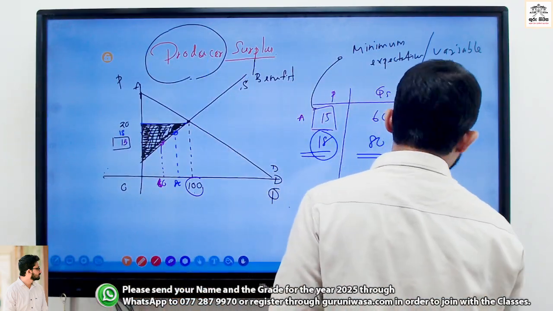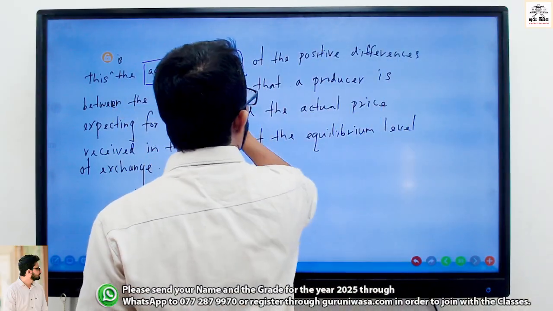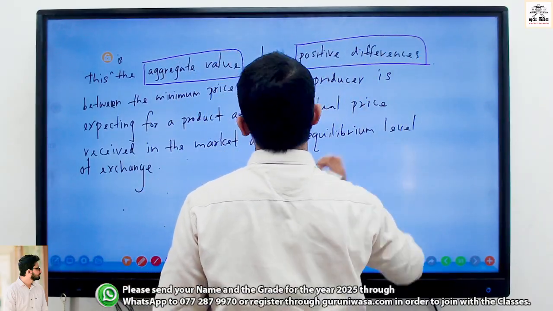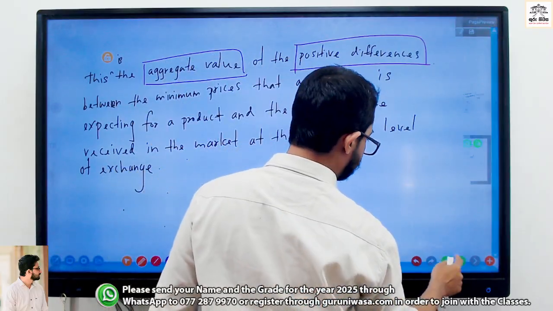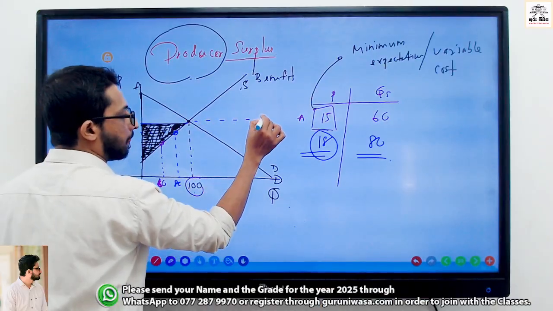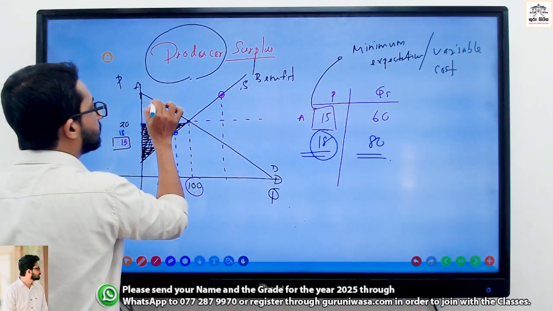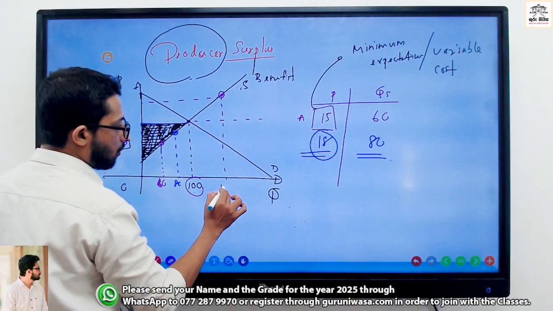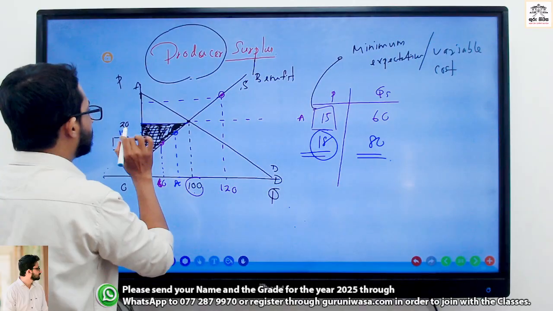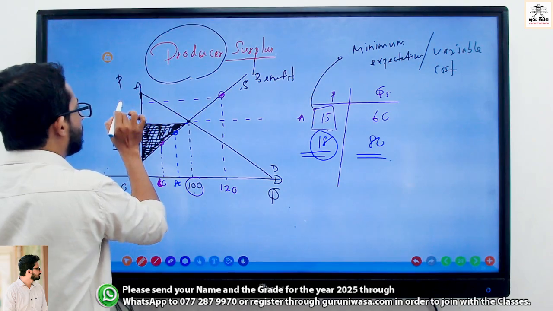Then what is the next one, Lamai? Aggregate value of the positive differences. We consider only positive differences. Example, look at this point. Assume quantity 120 and equilibrium price 20 rupees, but here the expected price is 25.